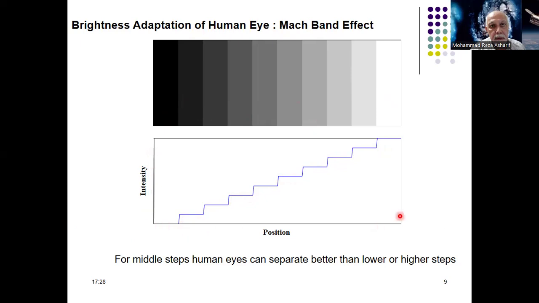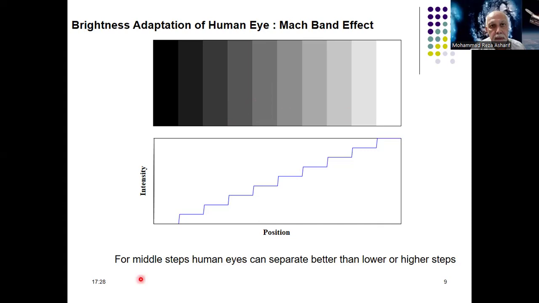This is the position of the horizontal line here. Gradually from black to white the brightness increases. But now what we see is that here is a little bit brighter than here, and here is brighter than here, and so on.